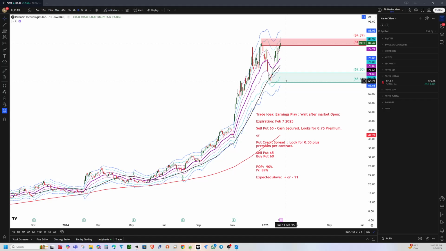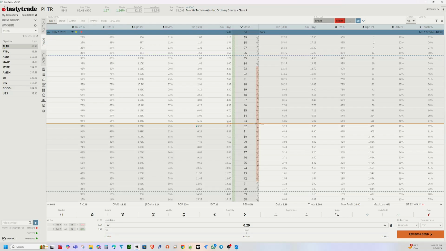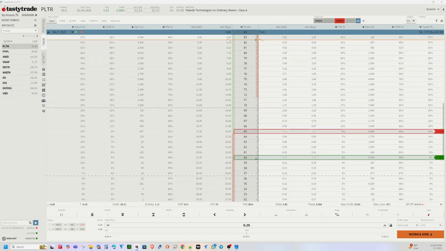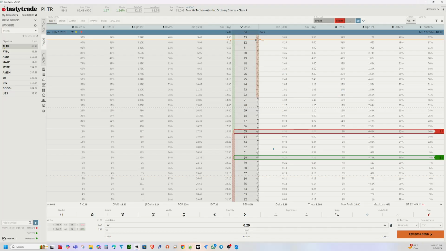Since 69 is a good support area, we could look at options for PLTR. We could sell the 65 puts and buy the 60 puts, which is this area.